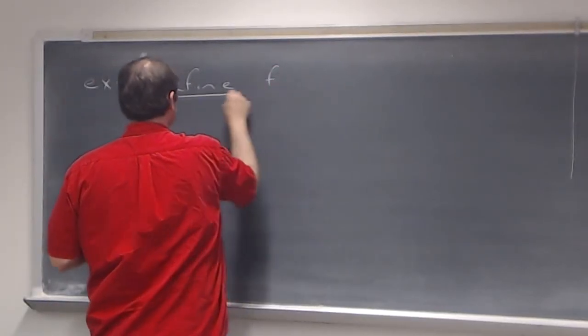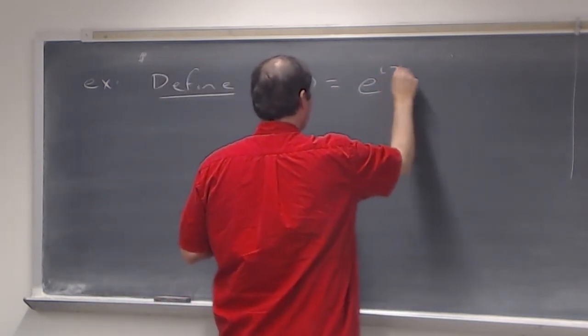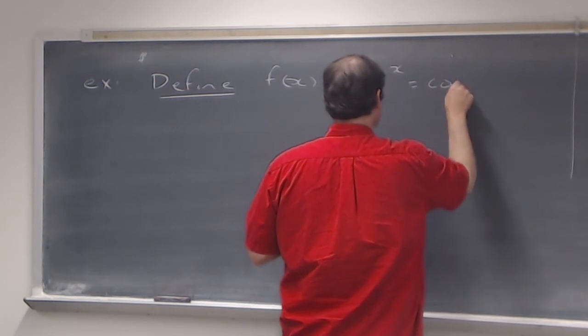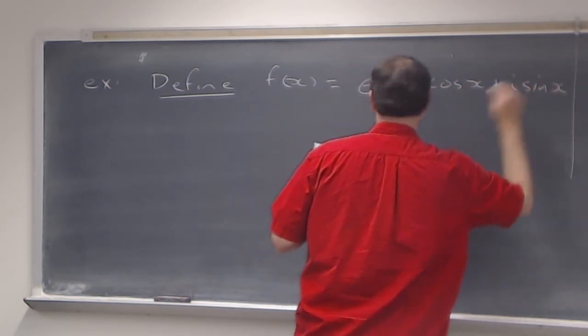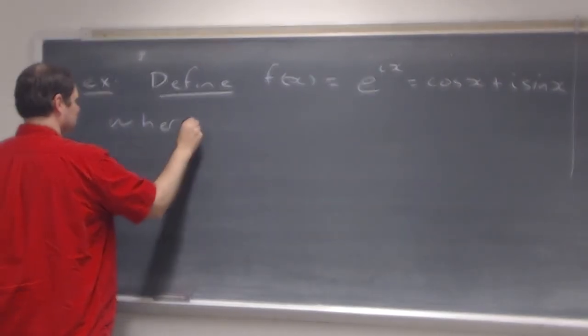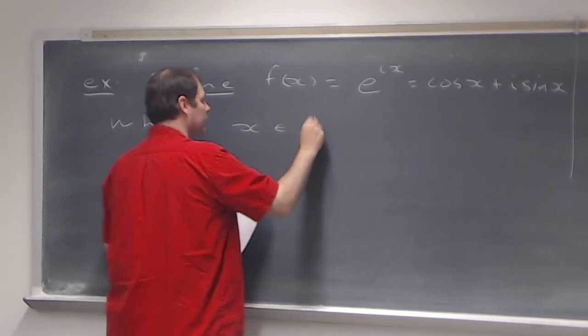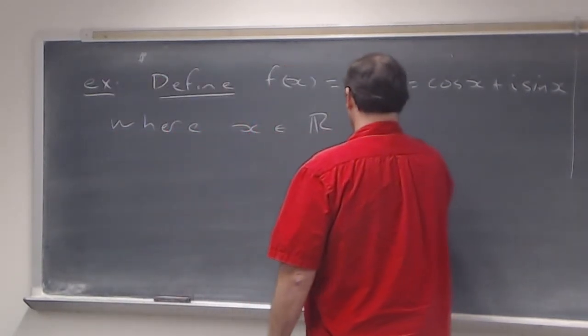f of x equal to e to the ix, which is the same thing as cosine x plus i sine x, where x is an element of the real numbers. And then we're going to make some observations about this.